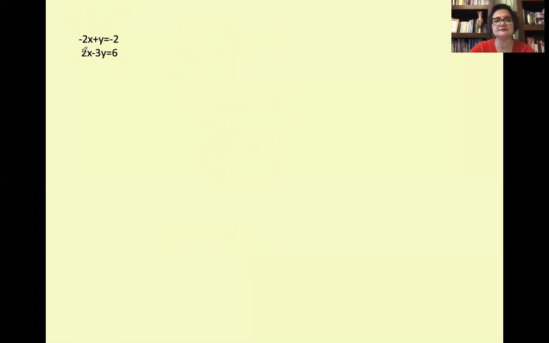So the first one will look like this: 2x minus y equals plus 2, so just 2. And the second one stays the same, minus 3y equals 6. Can you see? Again, use a subtraction and then continue from here. Be careful, you need to find both the values of x and the values of y.